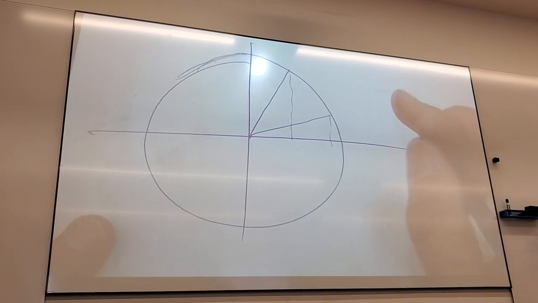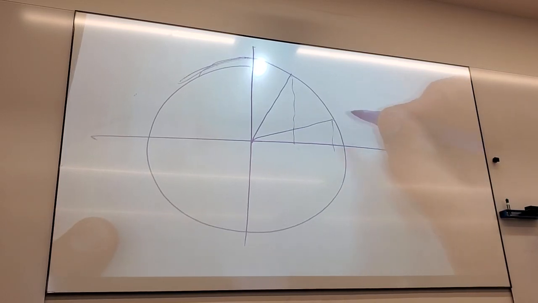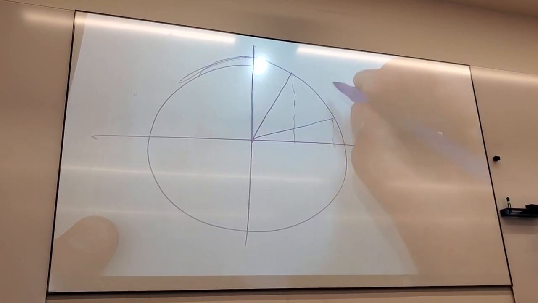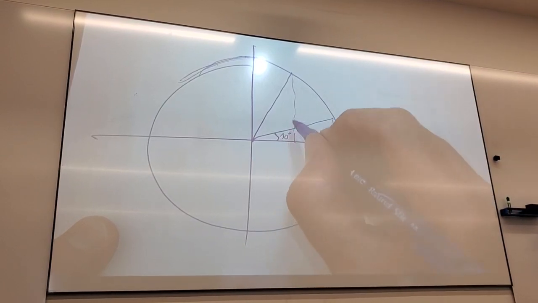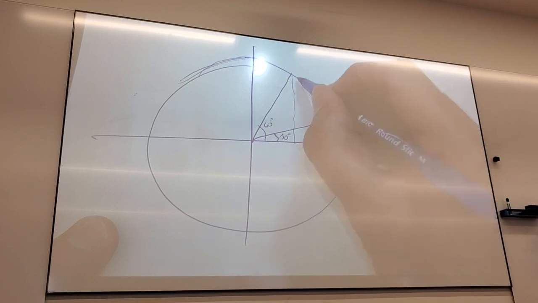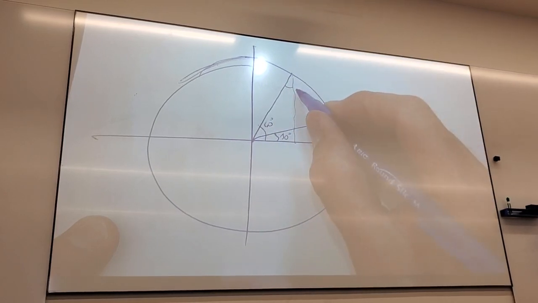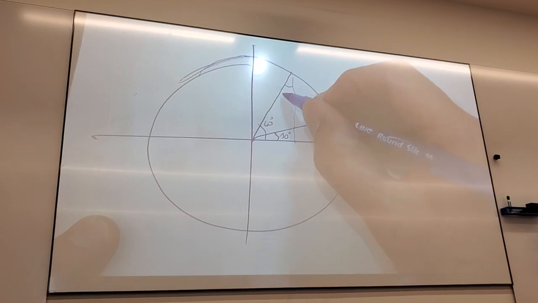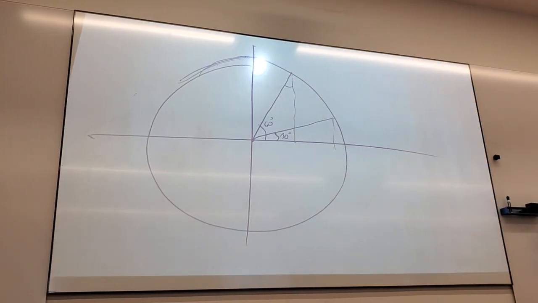Can you guys understand these two triangles are the same triangle? This angle here is 30. This angle here is 60. So what is this angle? That's 60. This, of course, is 90. So what angle is this? 30. Do you guys understand? Those triangles are the same.